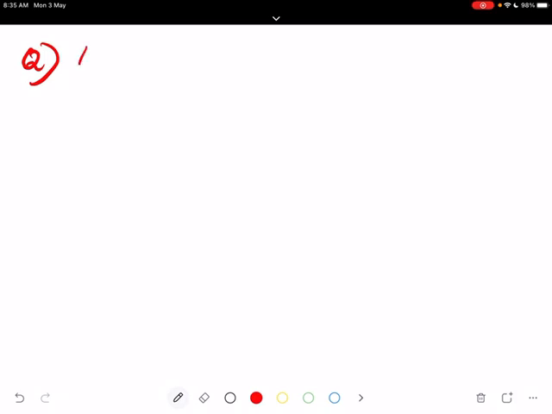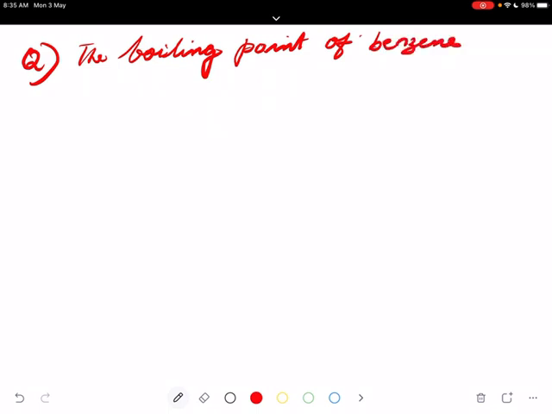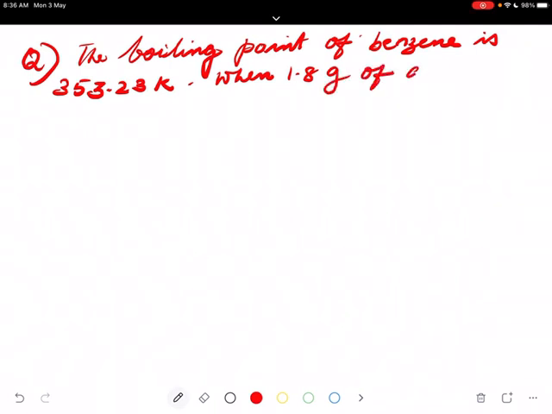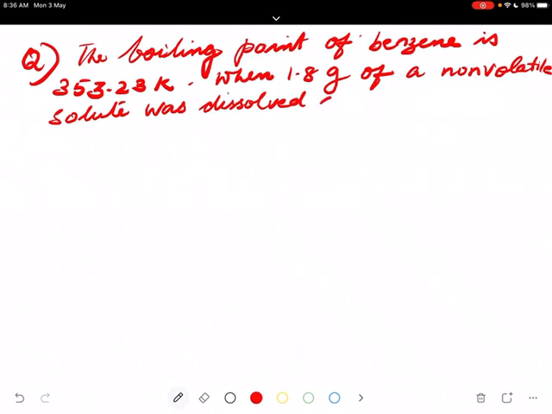The boiling point of benzene is 353.23 Kelvin when 1.8 gram of a non-volatile solute was dissolved in 90 gram of benzene.